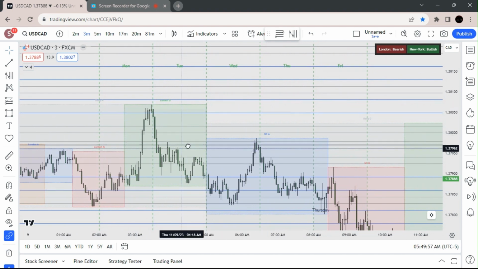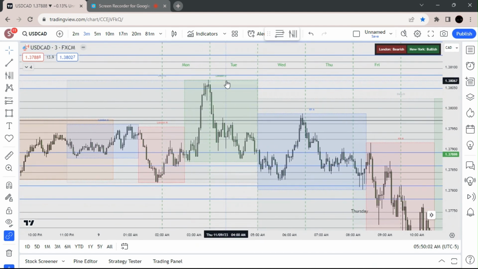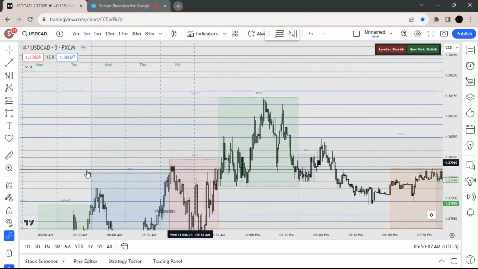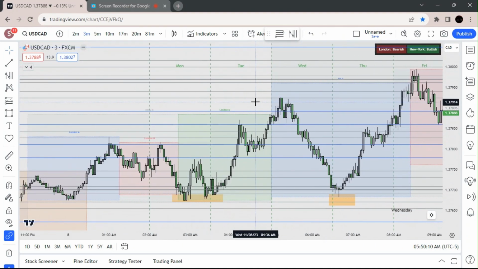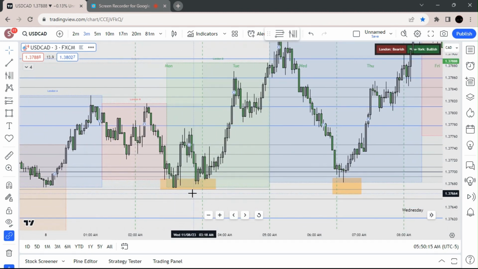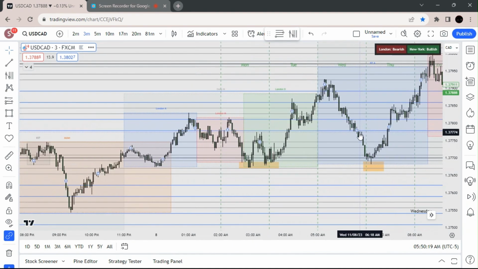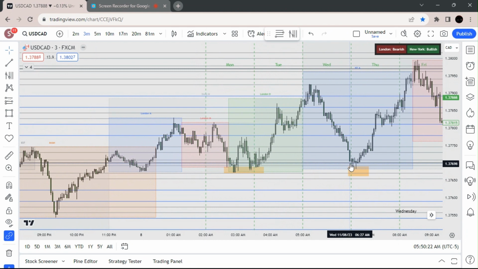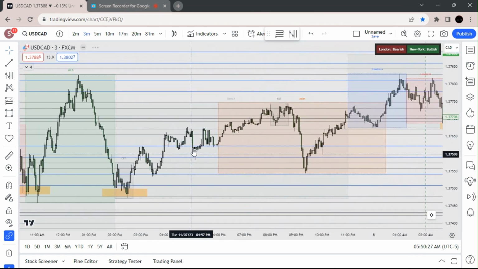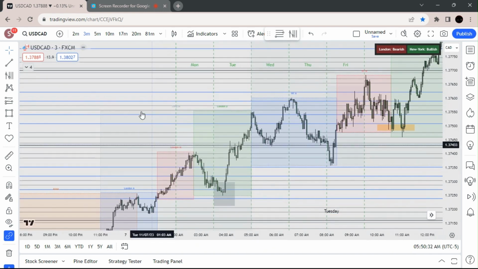You could wait for price to come back, or you could just enter whatever model you see after that, because we're in the breaker area and you can expect that high to hold. So it does there. Here we have Monday low, but we do have that reclaim model forming, so you could enter from there. And this is at the low of that certain Goldbach range. So like I said, breaker or low and high of the ranges cause reversals.